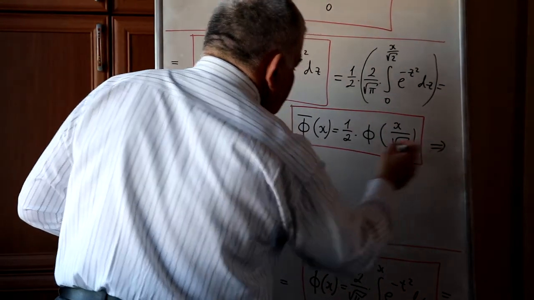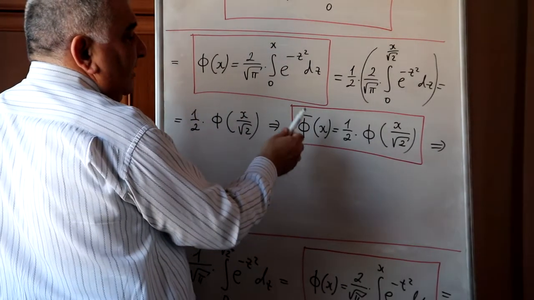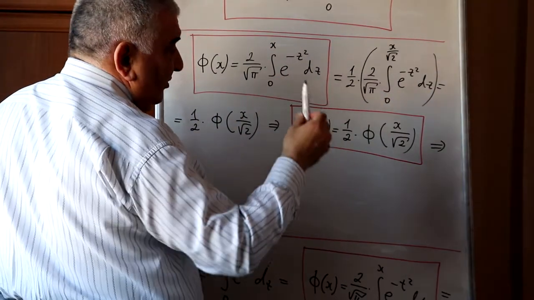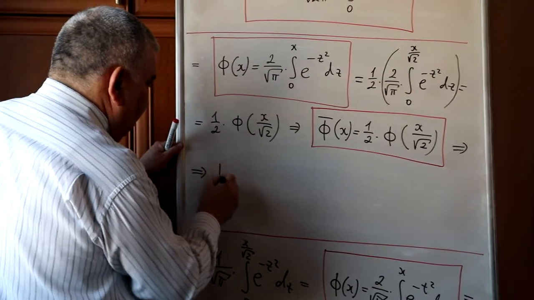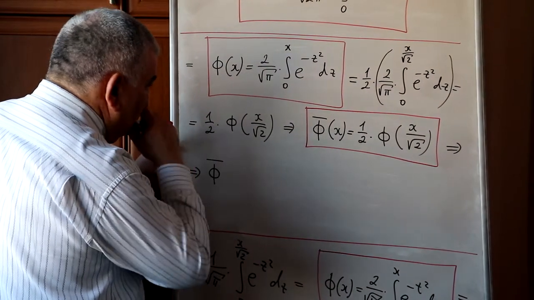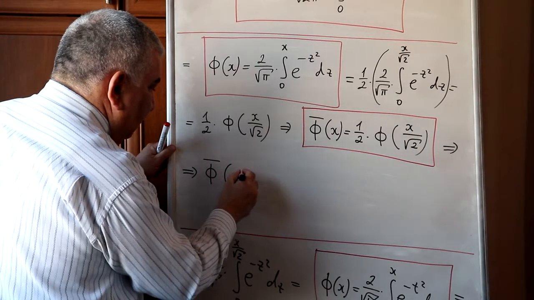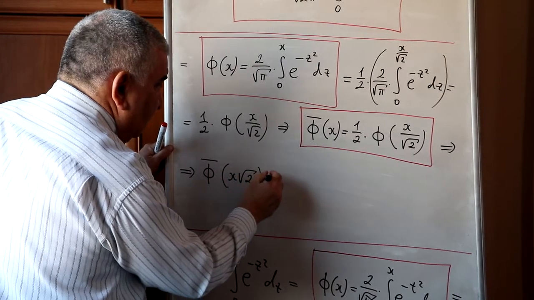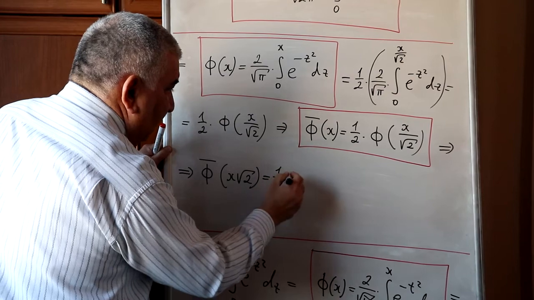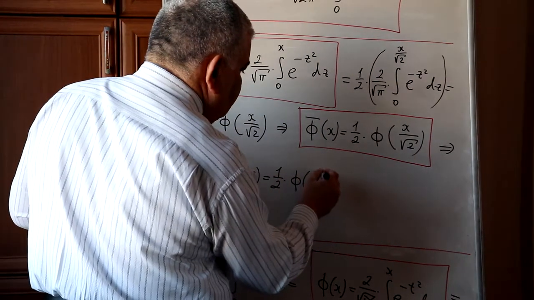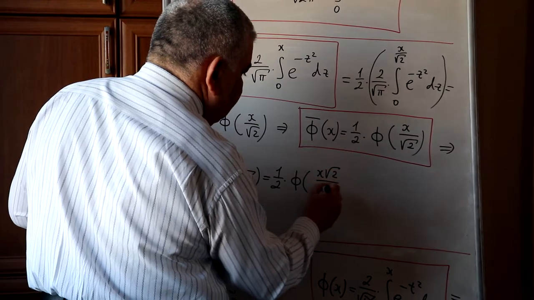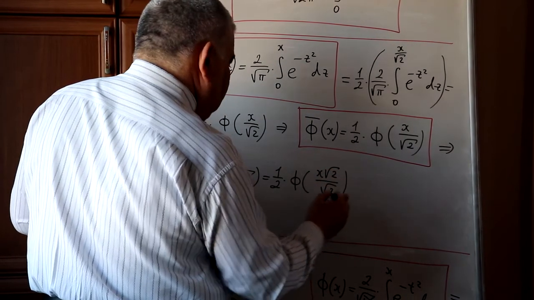That is, substitute x multiplied by square root of 2 instead of x. Phi capital bar of x square root of 2 is equal to 1/2 multiplied by phi of x square root of 2 over square root of 2.